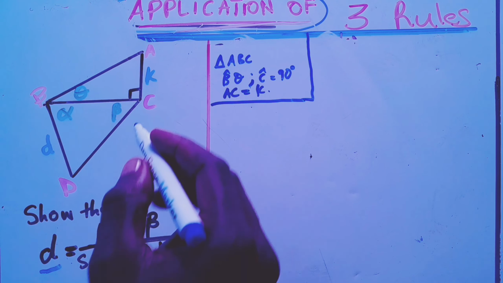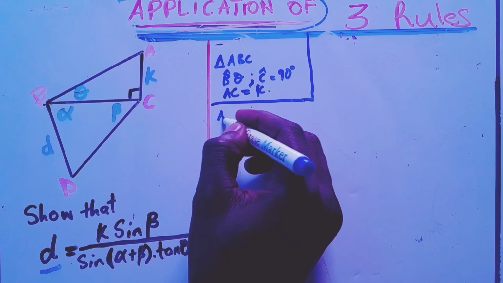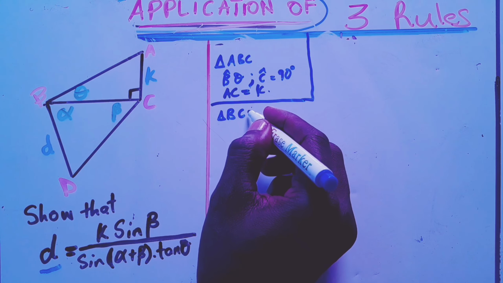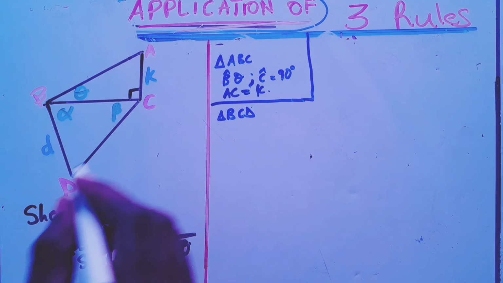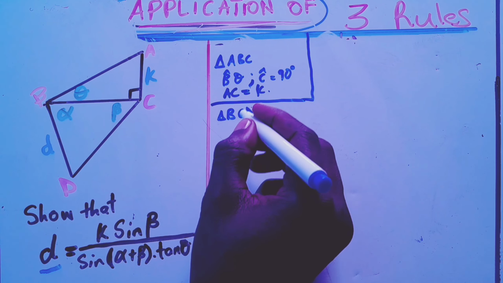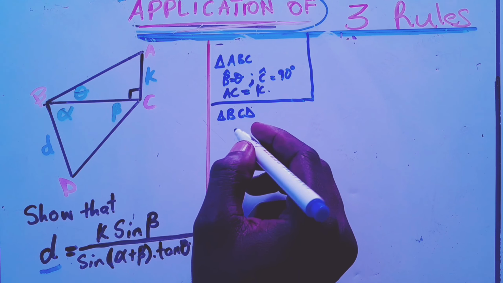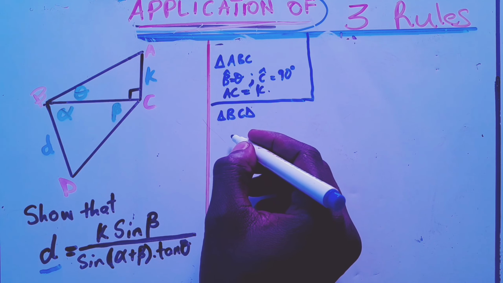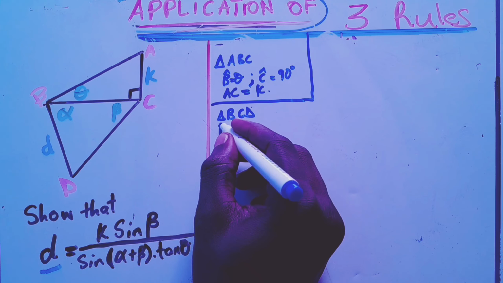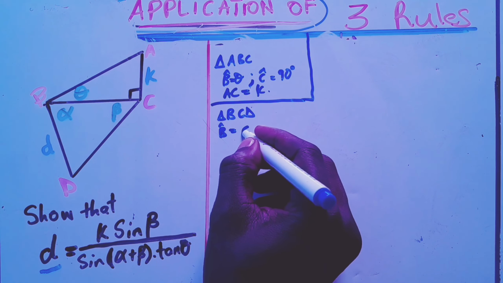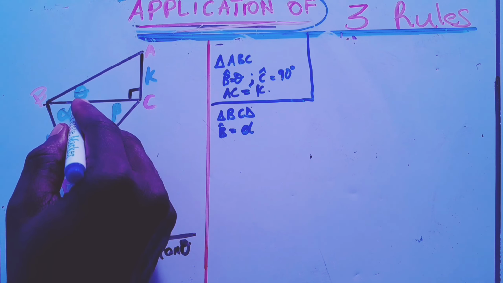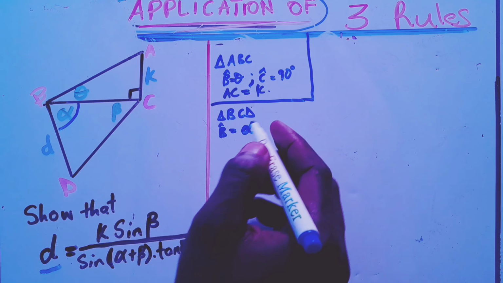And in this other triangle, we're having triangle BCD, right? So triangle BCD is having the following. It is having angle B, that is there, being equal to alpha. So this angle is alpha.